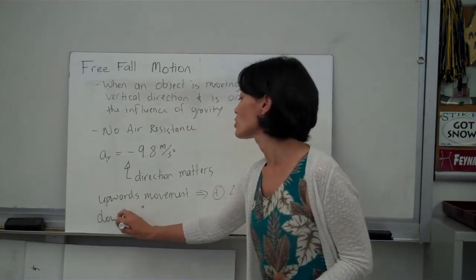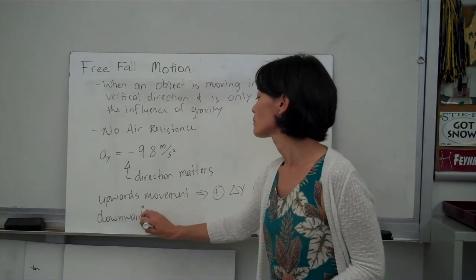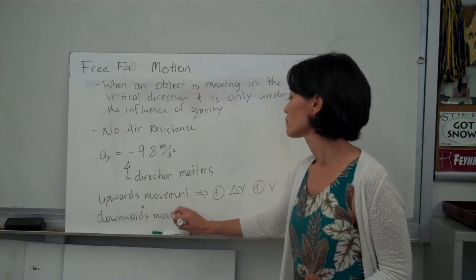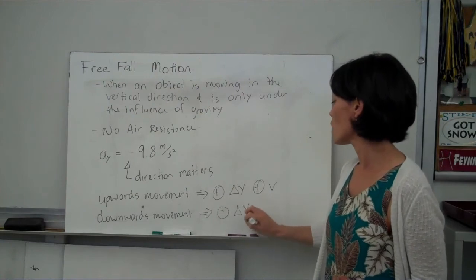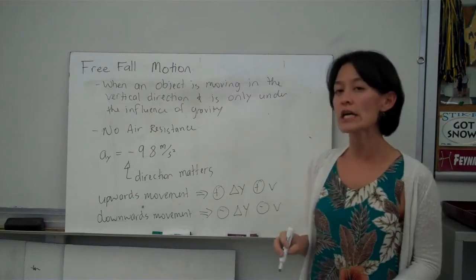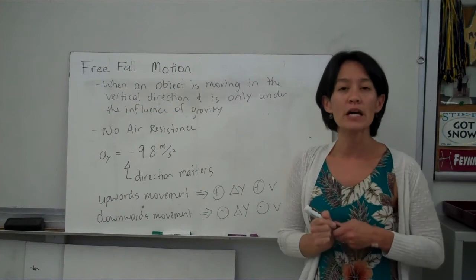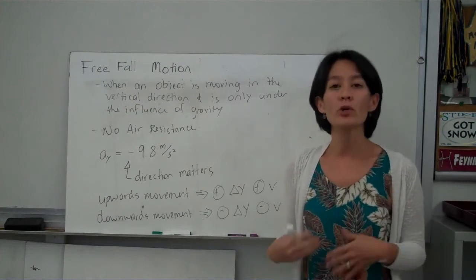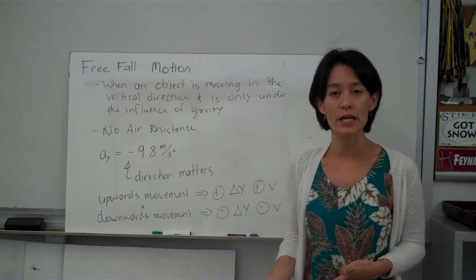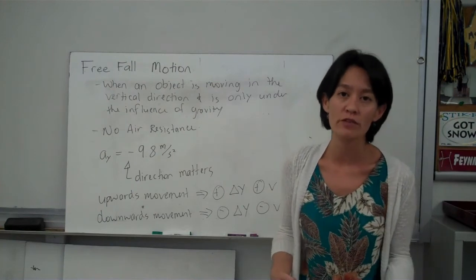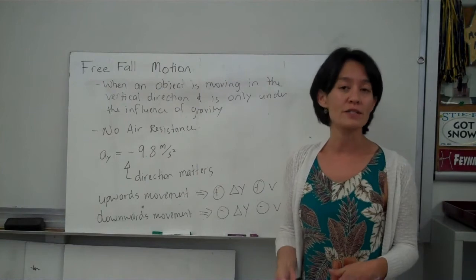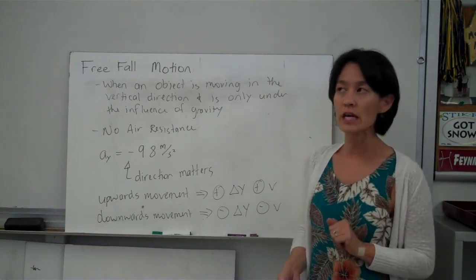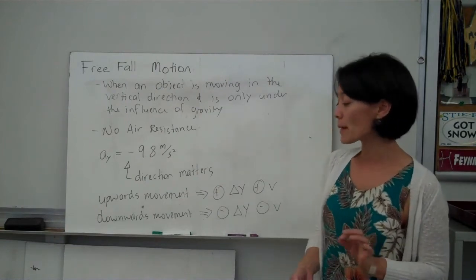That downwards movement is going to have a negative delta y and a negative velocity. And so that's something that the problem may not explicitly say, but that you have to be able to interpret. You have to be able to say, oh, it's moving upwards, I have to make the velocity positive. Or, oh, it's moving downwards, I have to make the velocity negative. Okay, so that's something that's going to be kind of tricky that you need to remember.